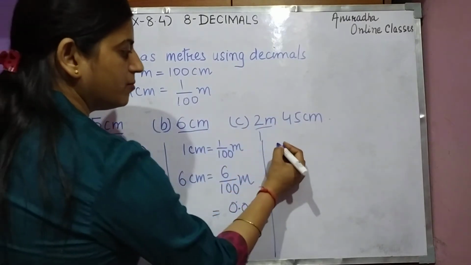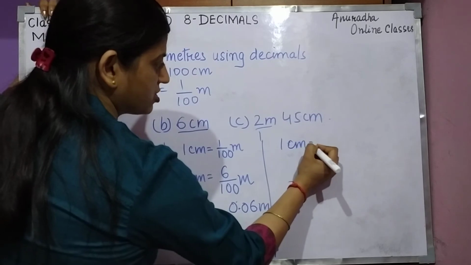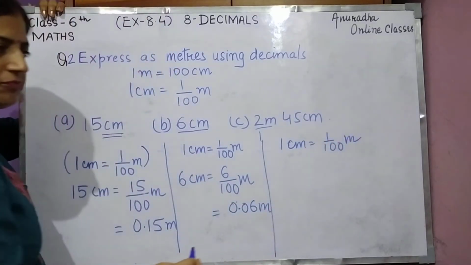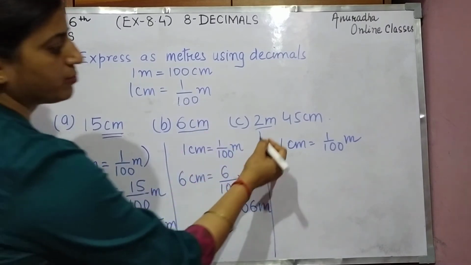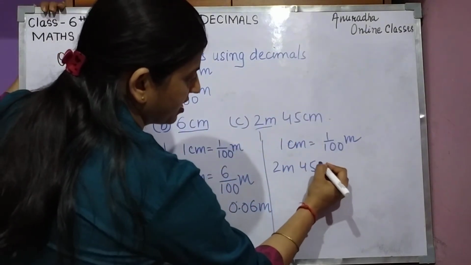Already it is given in meter. So firstly you just write 1 centimeter is equal to 1 upon 100 meter. Okay, let's come to the question now, that is 2 meter 45 centimeter.